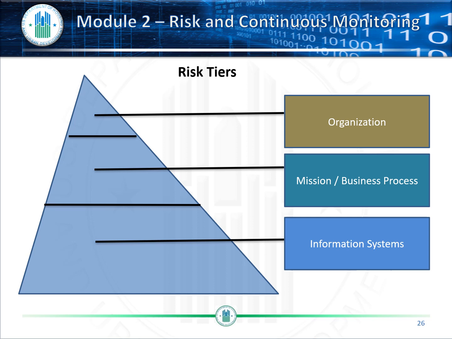Tier 2 addresses risk from a mission and business process perspective, and is informed by the risk context, risk decisions, and risk activities at Tier 1.